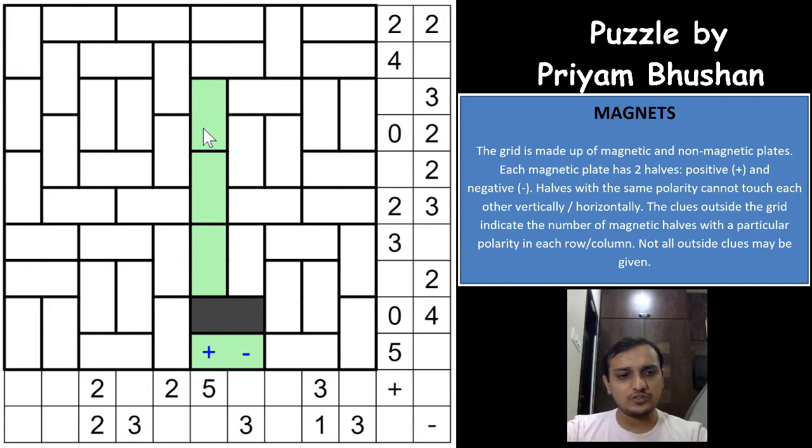Because it cannot be a positive, because there is a 0 in this row, it has to be a negative, which means that has to be a positive. We'll mark that with the other color, which means this has to be positive, negative, positive, negative, as the same symbols cannot touch each other orthogonally, right? Positives will have to repel each other.